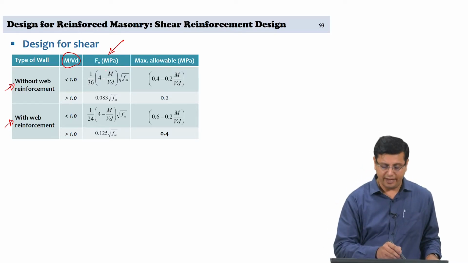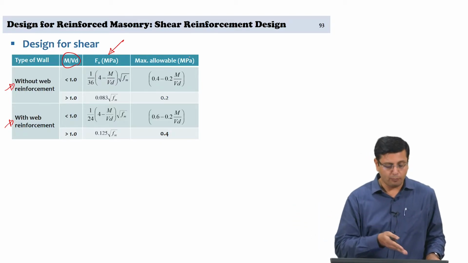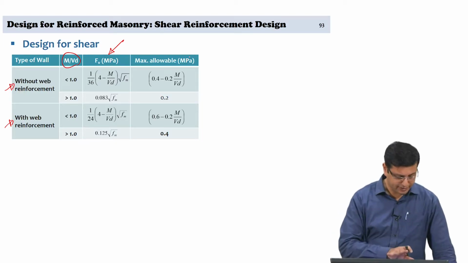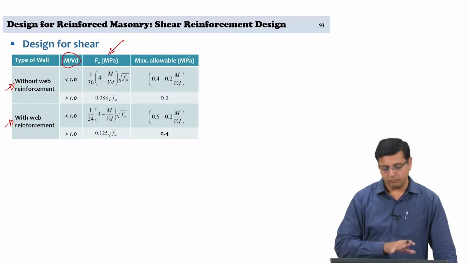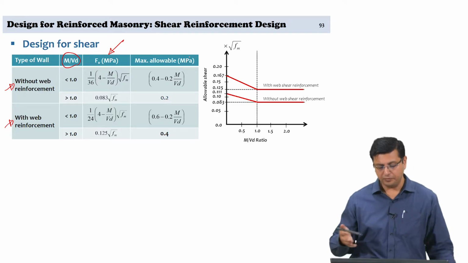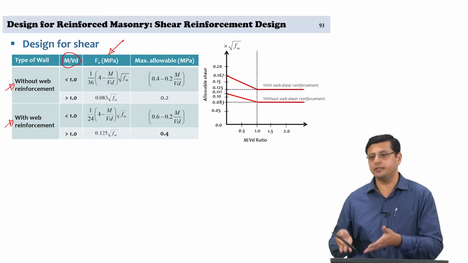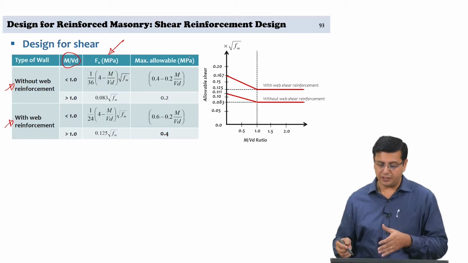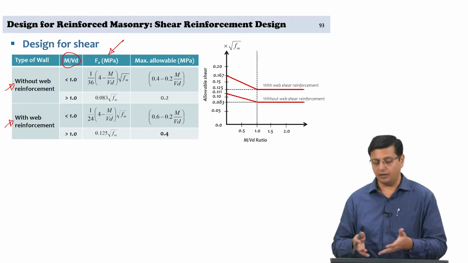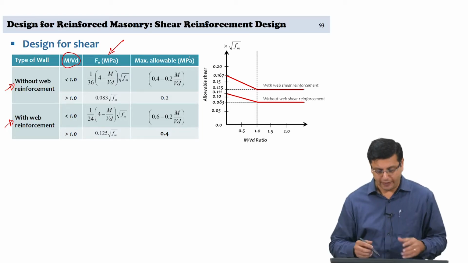So, you can then estimate Fv and look at the maximum value of Fv that the code permits within the allowable stress design. To examine the overall contours of these values, if you represent what this table tells you in terms of the relationship between allowable shear Fv and the M by Vd ratio, we look at with and without web shear reinforcement what these numbers look like.